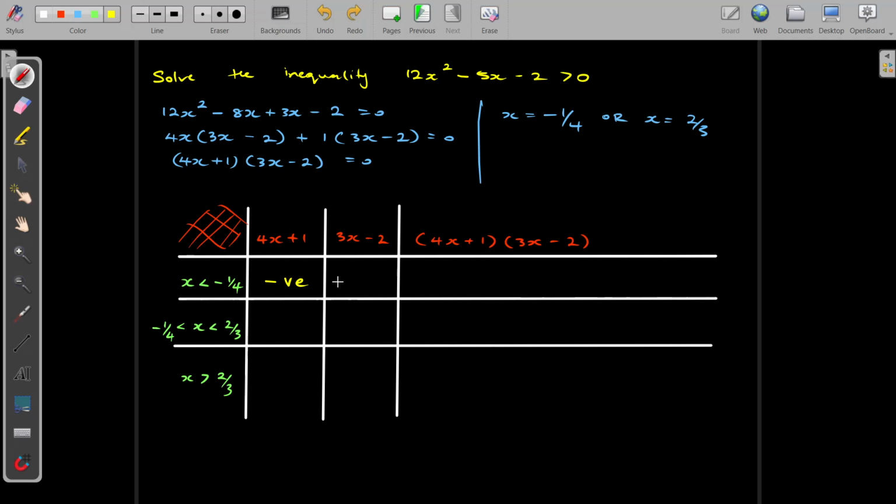Yeah, it's still going to give us negative, because we have a -2 here, and if we selected -1, for example, this is still going to be negative. Yeah, so this is negative. Then when we multiply both of these, we get positive, right?